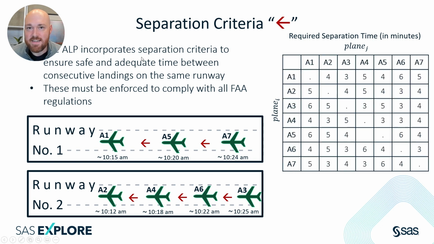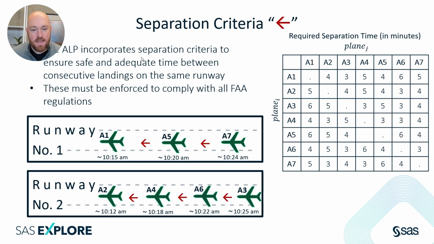Well, we read in effectively an n-by-n adjacency matrix for accommodating the separation criteria between plane I and plane J. Now, of course, that's only the case when plane I lands before plane J on the same runway.